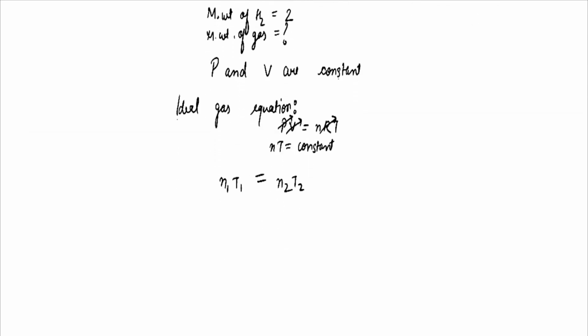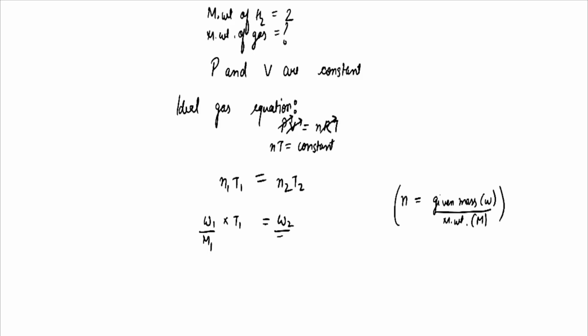Now, as we know, number of moles equals given mass upon molecular weight or molar mass. So we can write W1 upon M1 into T1 equals W2 upon M2 into T2.